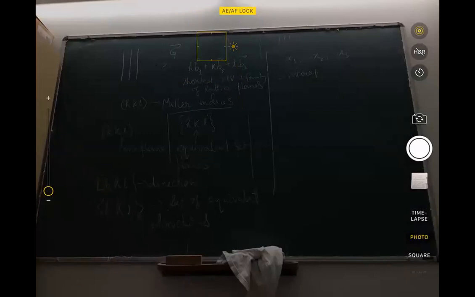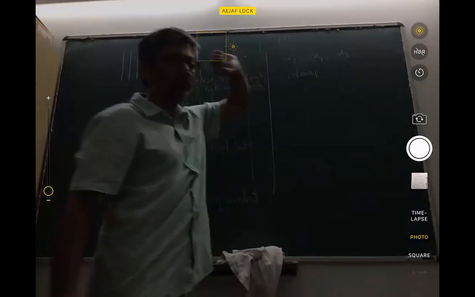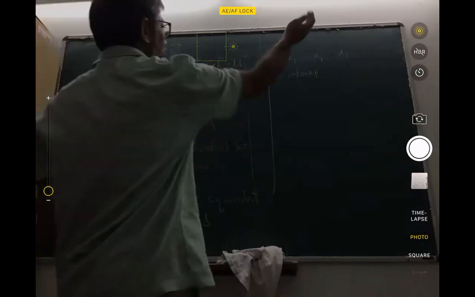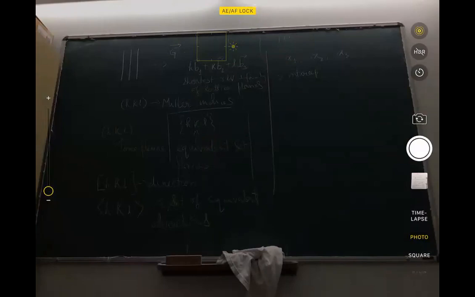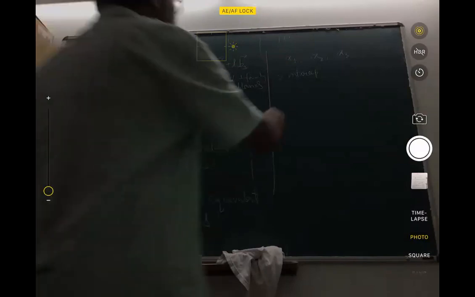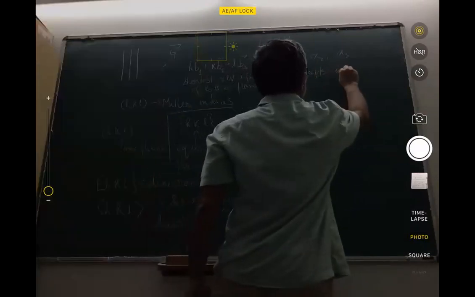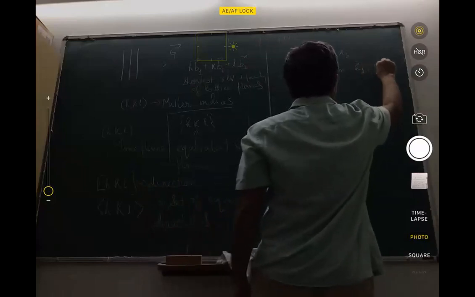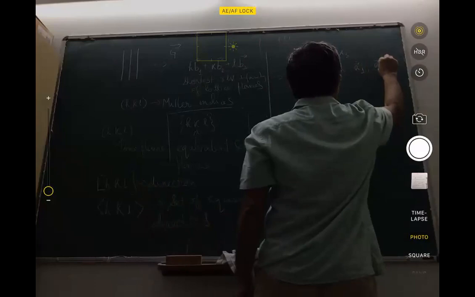Okay, so suppose we have a certain family of lattice planes which have x1, x2, x3 intercepts on the real space lattice vectors A1, A2, A3.